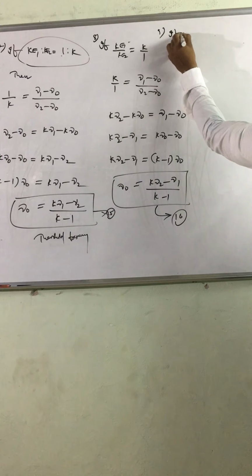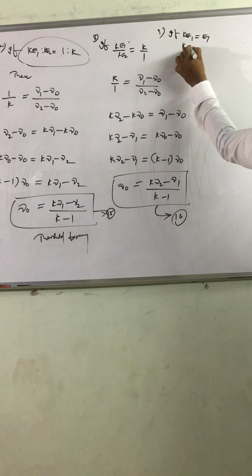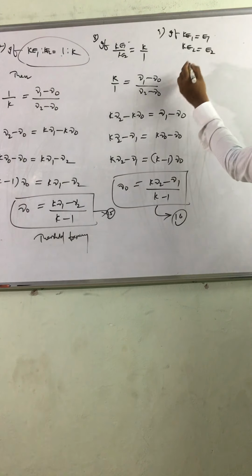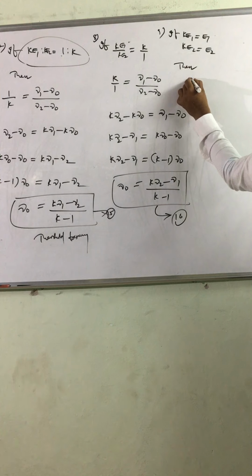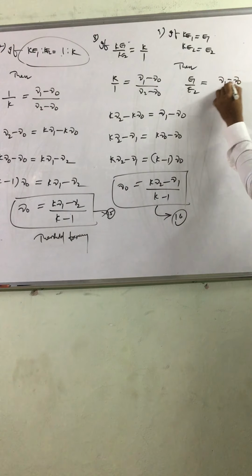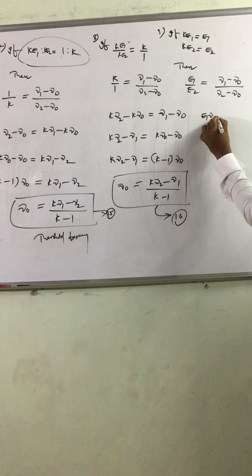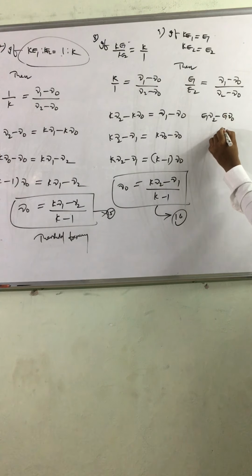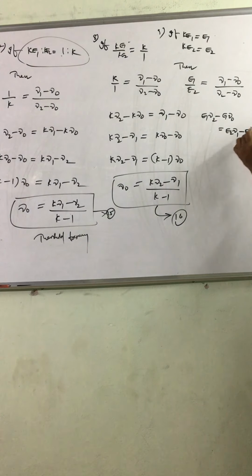If KE1 is E1, KE2 is E2, then E1 by E2 is equal to (nu1 minus nu0) by (nu2 minus nu0). E1 nu2 minus E1 nu0 is equal to E2 nu1 minus E2 nu0.